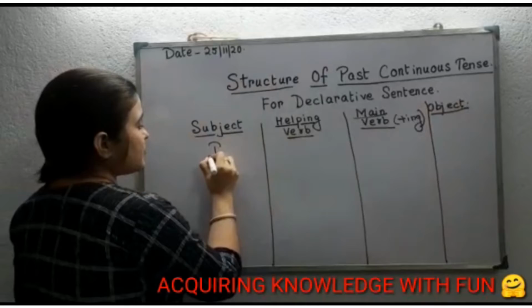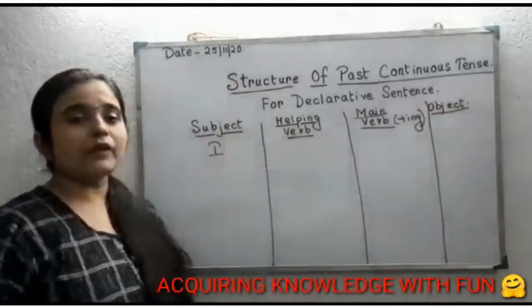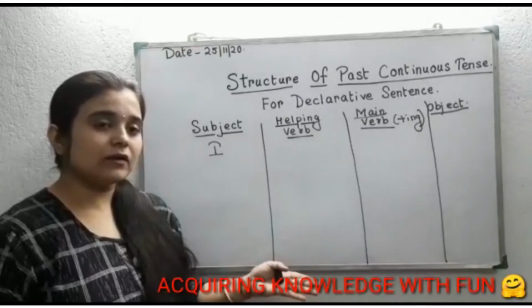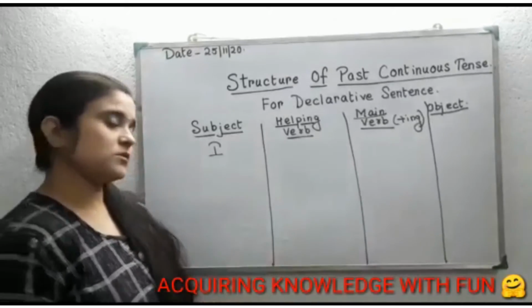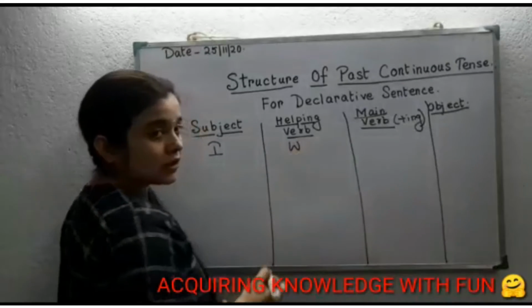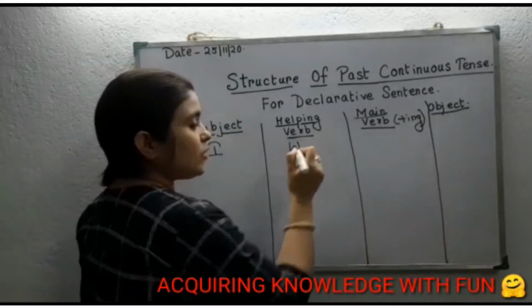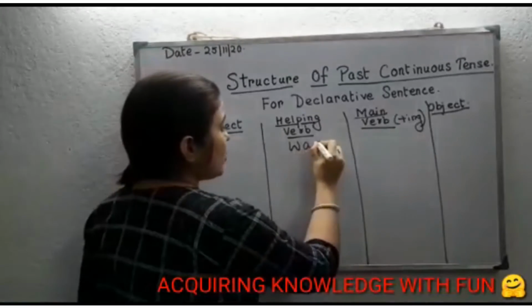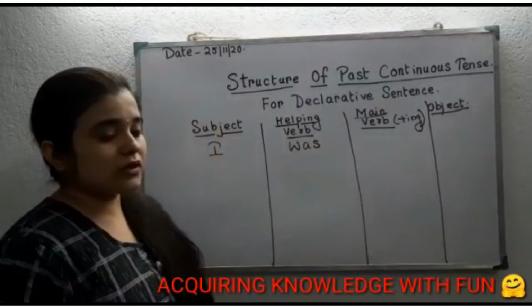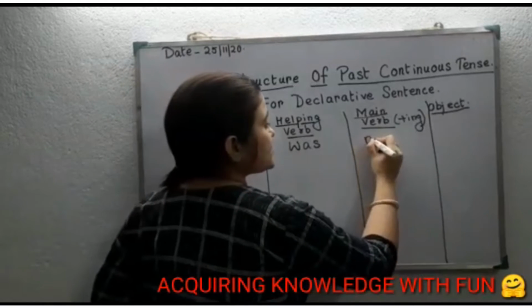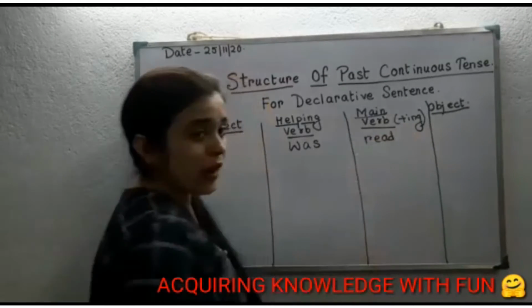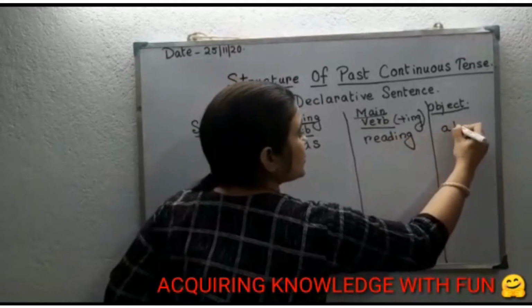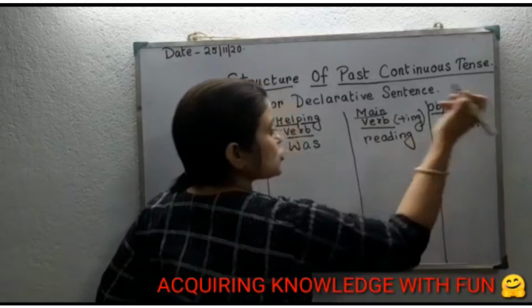So with I, which be verb in past tense should I use here? Was or were? Was. Because I is singular. Yes, I is singular pronoun and we have to use always was with I. Okay, so I was reading. Read is the main verb and you have to add ing. Yes, I was reading a book. Book is object. Full stop.